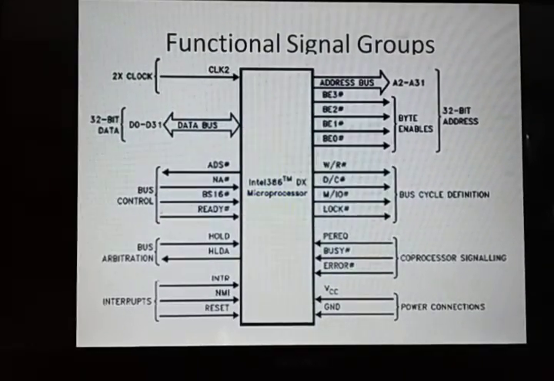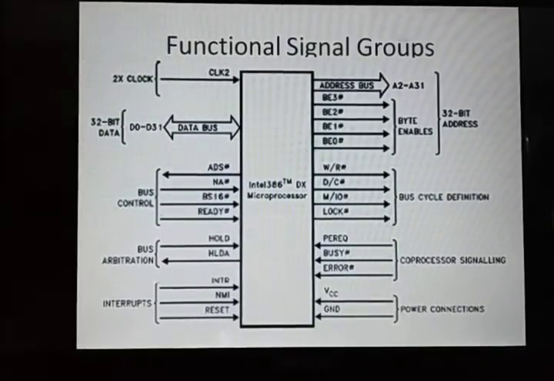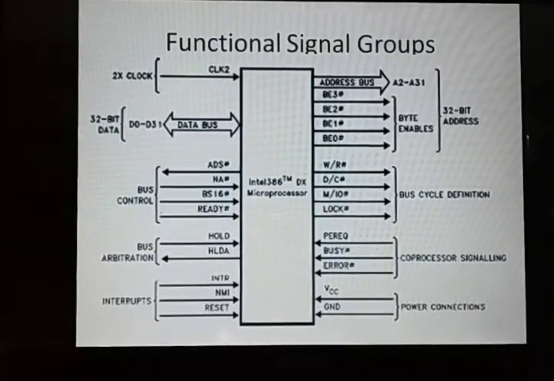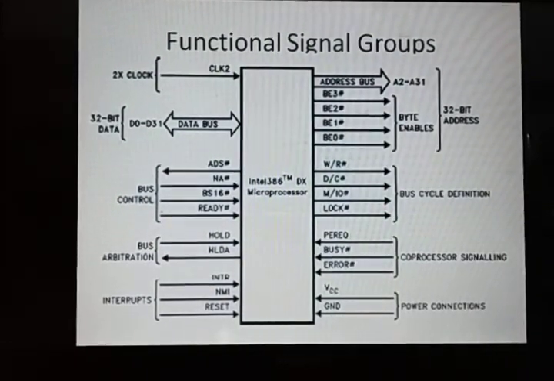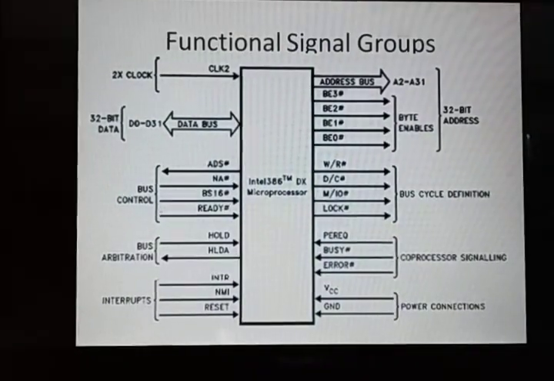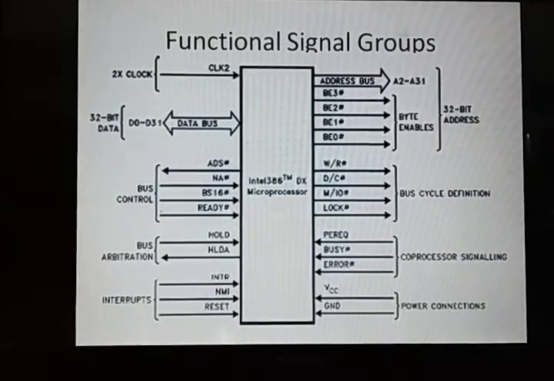And the hold acknowledgement pin, what is its functionality? The HLDA pin indicates that the 80386 is currently in hold. If the processor accepts the request to release the buses, it replies with the HLDA pin.